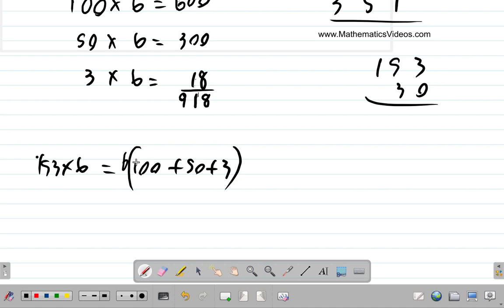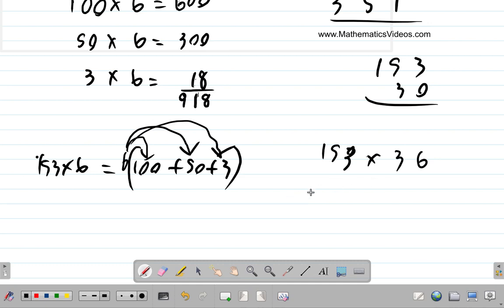If you understand how you deal with numbers in a bracket, you say 6 times 100, that's 600, plus 6 times 50, that's 300, plus 6 times 3, that's 18. Now with 153 times 36, 36 is 30 plus 6.